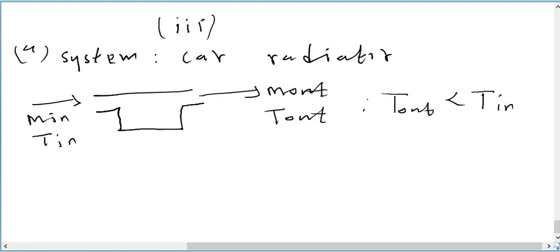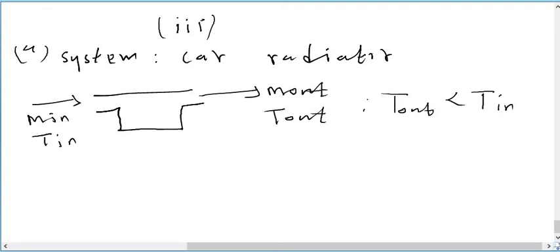So this is the assumption, the T out is less than the T in, so Q is to be lost. There will be heat released by the system. If T out is greater than the T in, then heat is gained by the system.